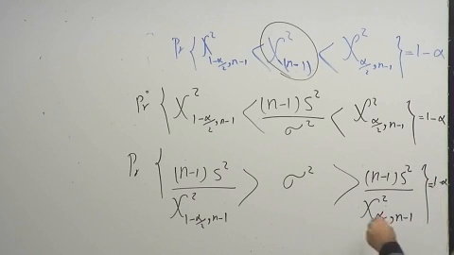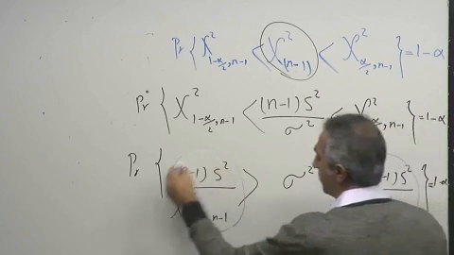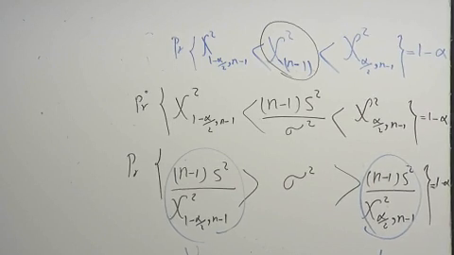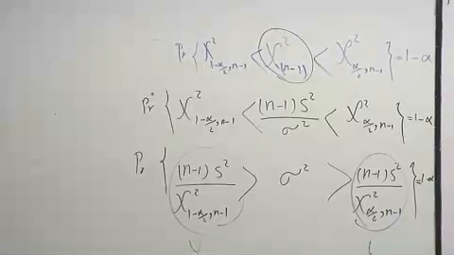So this is the lower bound. This is the upper bound, as you can see. Okay? Here, upper bound and lower bound.